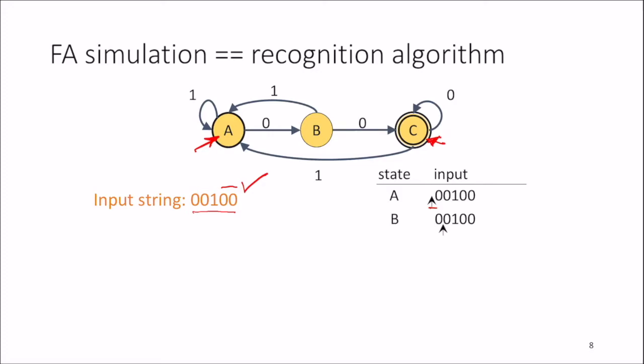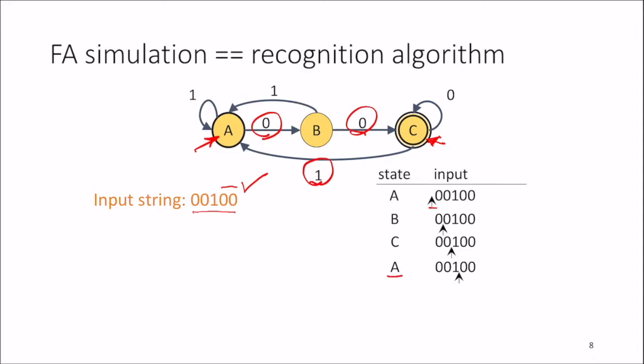We can read a 0 and then go to state B. We can read another 0 and end up at state C, and we are at the final state, but there are more symbols left in the input string. So when it sees a 1, it's going to take this transition and end up back at state A, right?